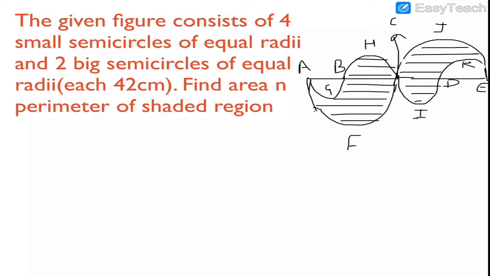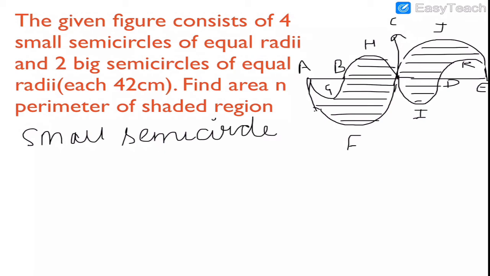And then we are given 2 big semicircles, AFC and CJE, and they have radius of 42 centimeter, which means the small semicircle will have radius equal to 21 centimeter. Okay, now we have to find area of shaded region.